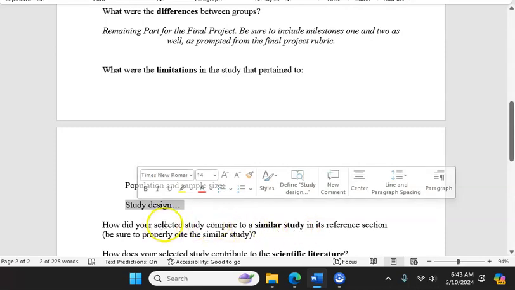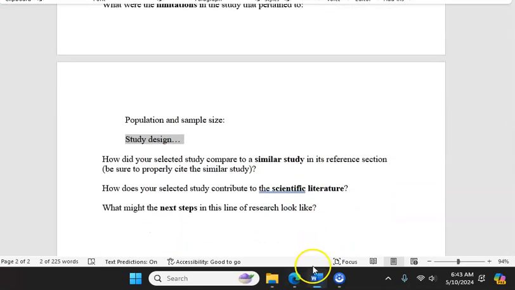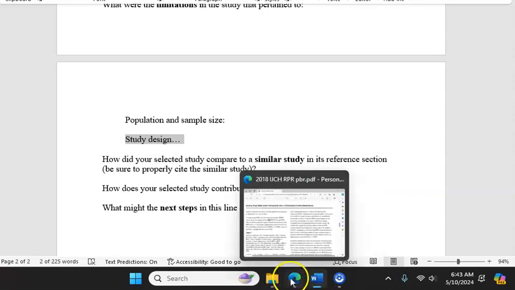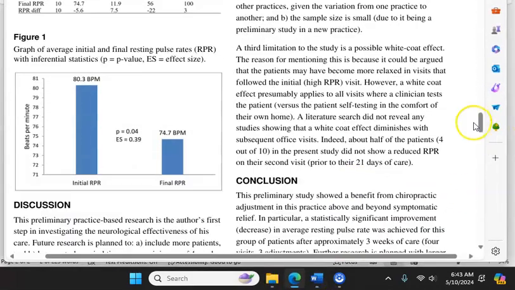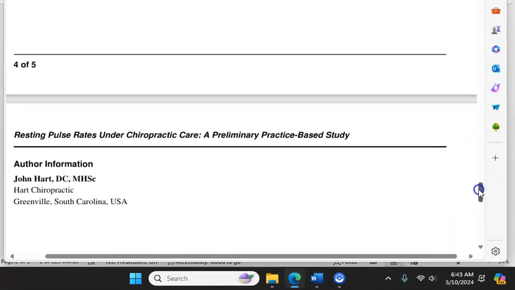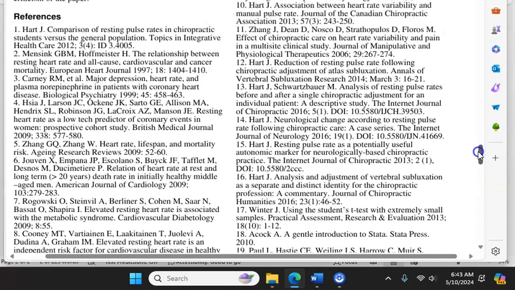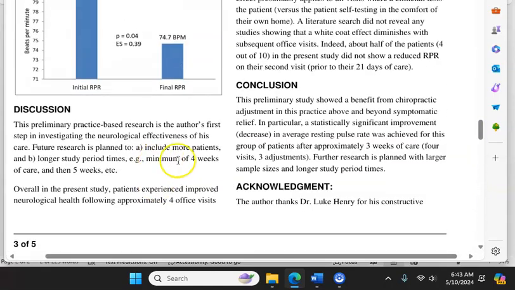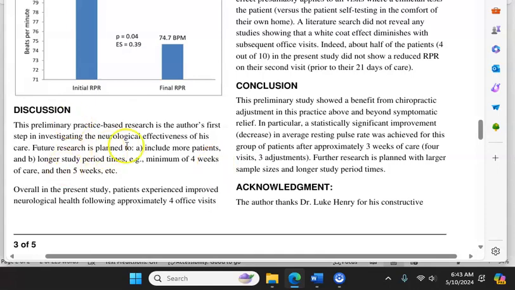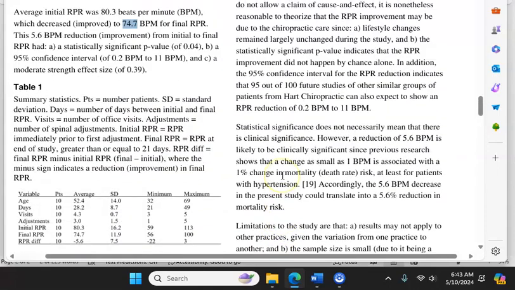And how did my study compare to a similar study in the reference section? So I've got references that I can discuss, and that is usually in the discussion area.